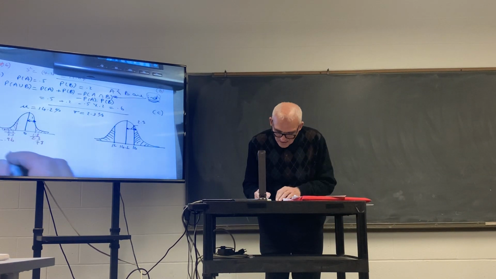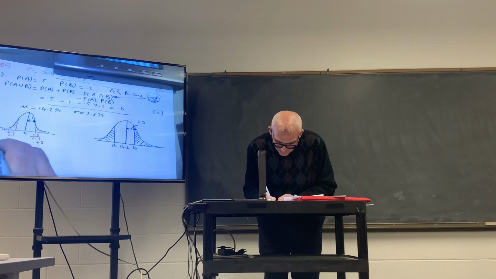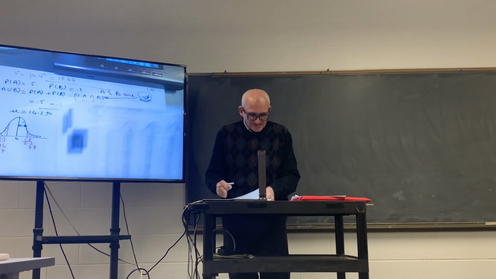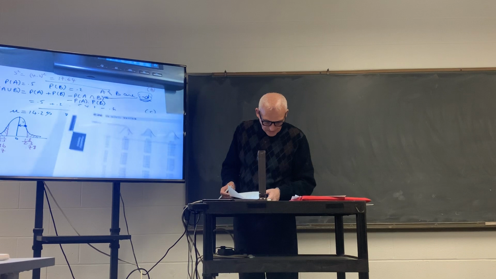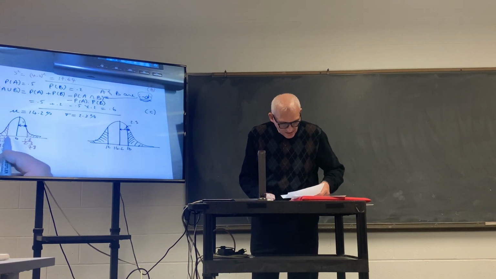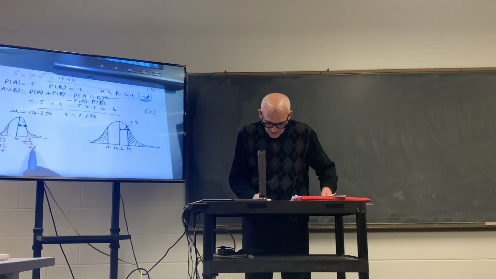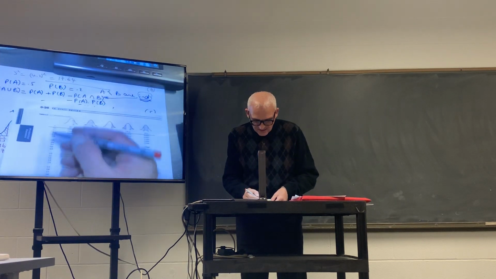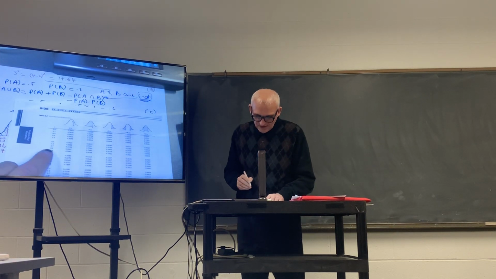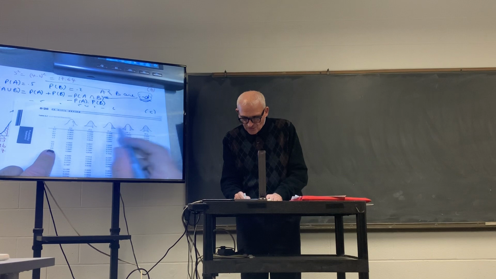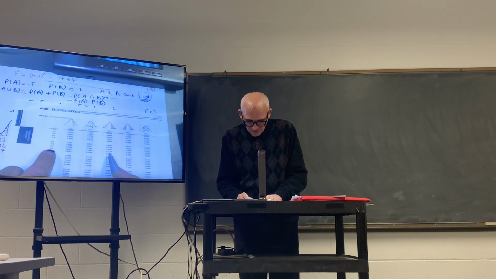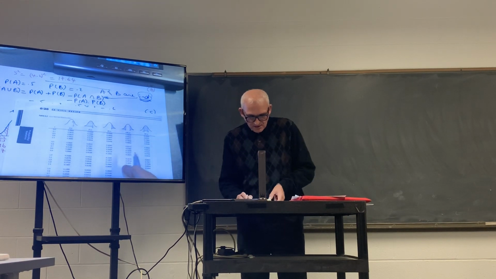So I say this area is 0.1587, right? And then the other one is 0.78, and again, since we are going, I'll go to 0.8. I want the area to the right of that, which is 0.2119.